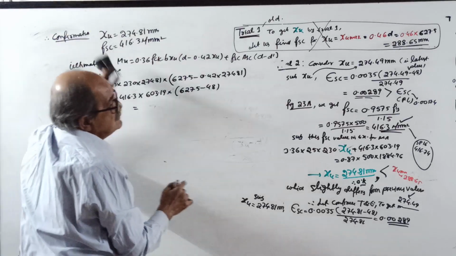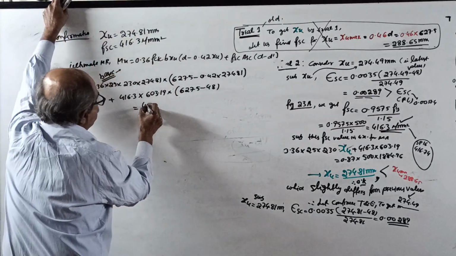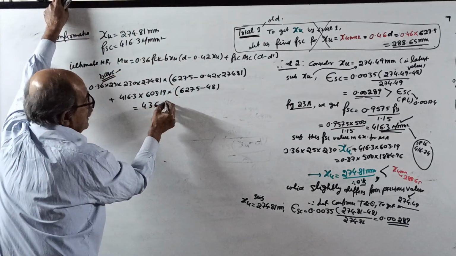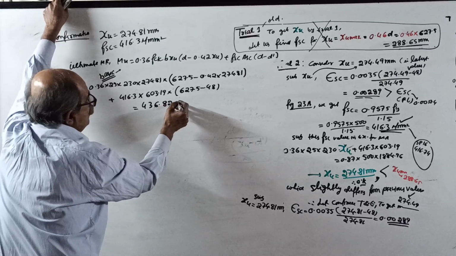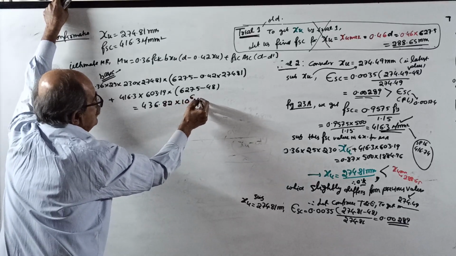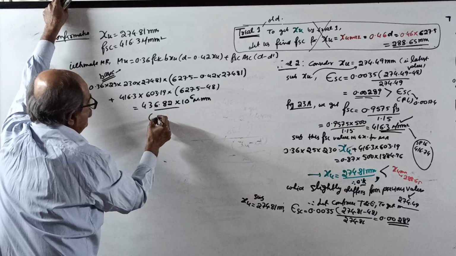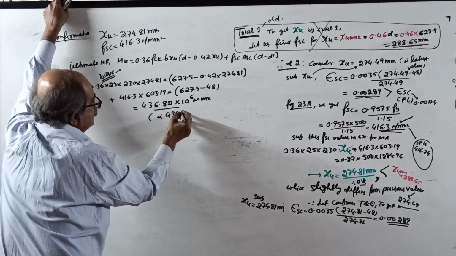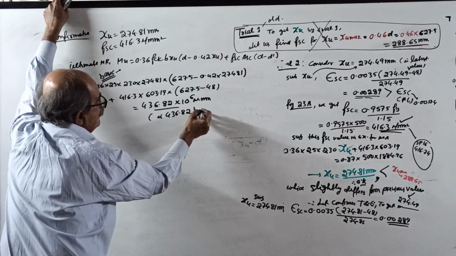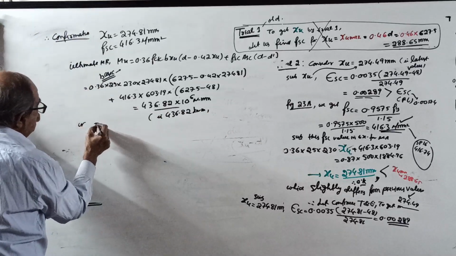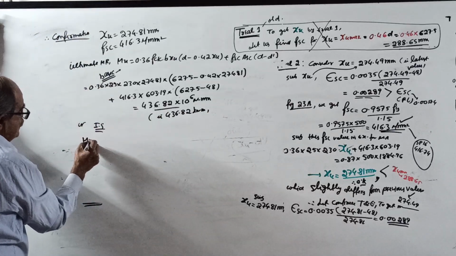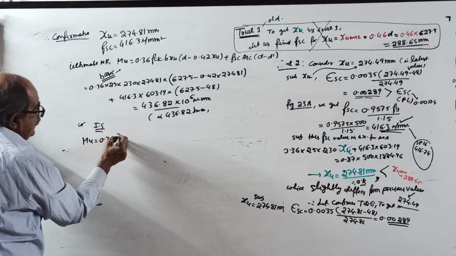Not by heart, test, answer will come 436 point 8 into 10 to the power 6 Newton millimeter, or you can tell 436.82 kilonewton meter.